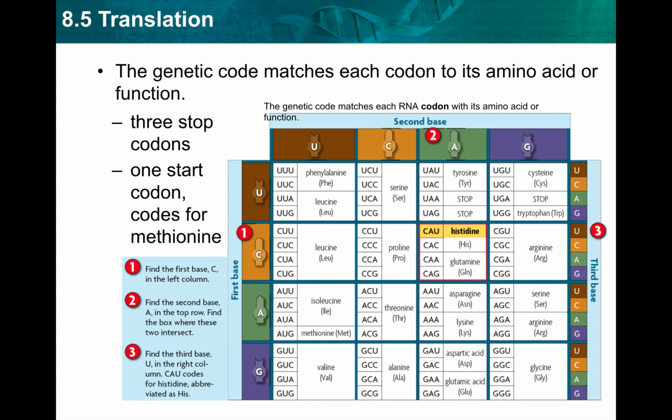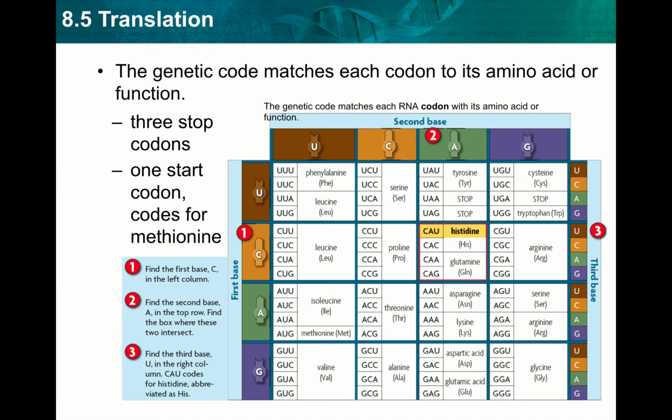When we are matching a codon to an amino acid, we can determine what that amino acid is going to be by looking at those 3 letters. This table is going to help you determine what that amino acid is. So in the example given, find the first base, which is going to be C in the left column. So you're going to go on the very left side of this table, find C. Step 2 is to find the second base, A, which is in the top row.